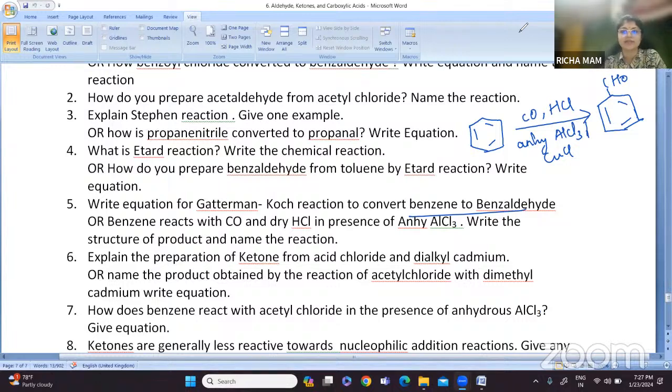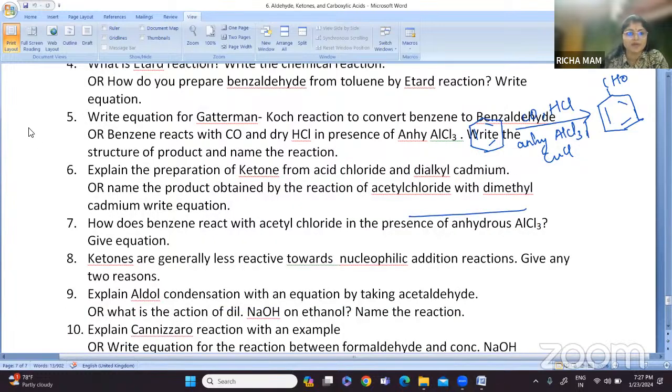It is benzaldehyde, so you have to write the structure of benzaldehyde. The name of the reaction is the Gattermann-Koch reaction. So a small explanation, the product name, the structure of the product and the name of the reaction. This question is also for 3 marks. Like this, the question is slightly twisted.